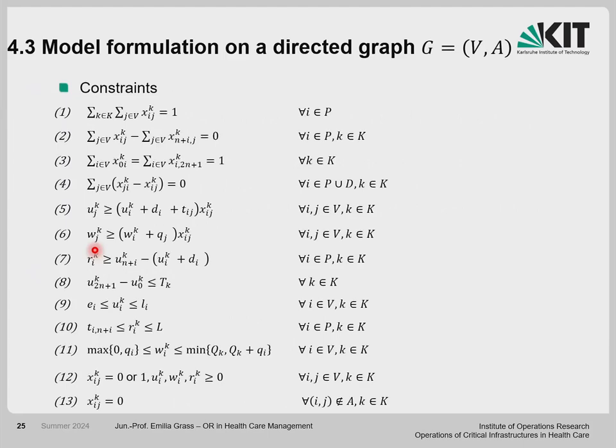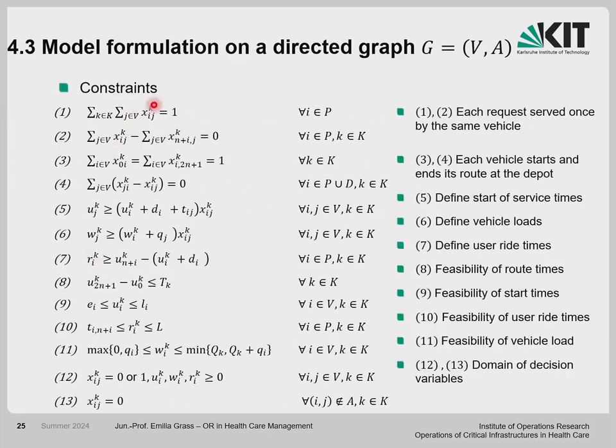Then we have the constraints. The first constraint is that each request has to be served by one vehicle. So over all k, we only have one vehicle covering this request. We avoid that more than one vehicle covers the same request. The second one ensures that if a vehicle k serves a pickup vertex, node 2 for instance, then it must also serve the corresponding delivery vertex n plus i.